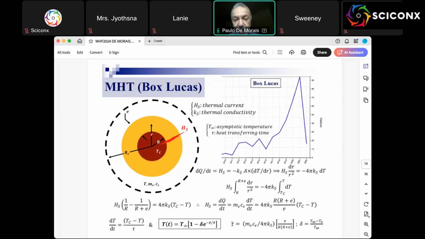And the typical heat transfer time, very interestingly, depends on the characteristics of the magnetic nanoparticle, because it depends on the heat constant of the magnetic nanoparticles and the thermal conductivity of the coating layer. So now we have not a phenomenological Box-Lucas expression, but a very simple deduction of it.